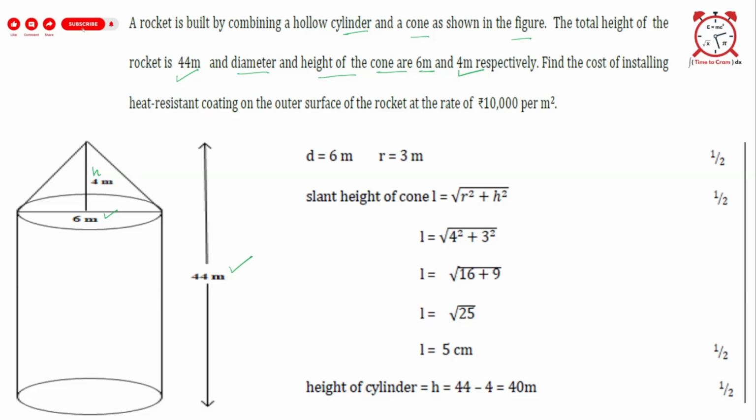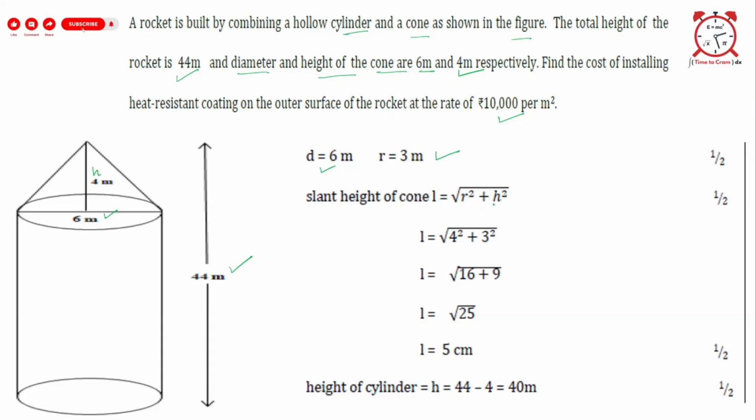Find the cost of installing heat resistant coating on the outer surface area of the rocket at the rate of rupees 10,000 per meter square. The diameter is given, so the radius is 3.